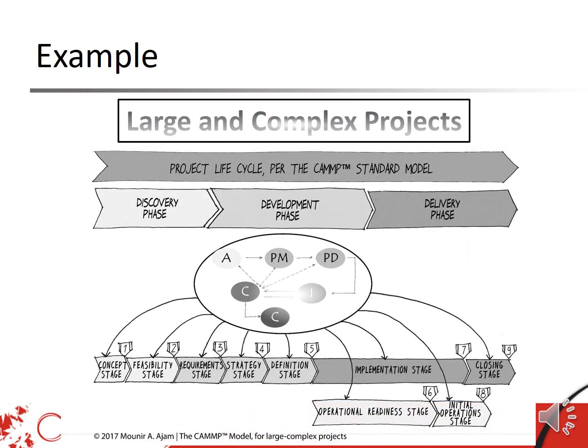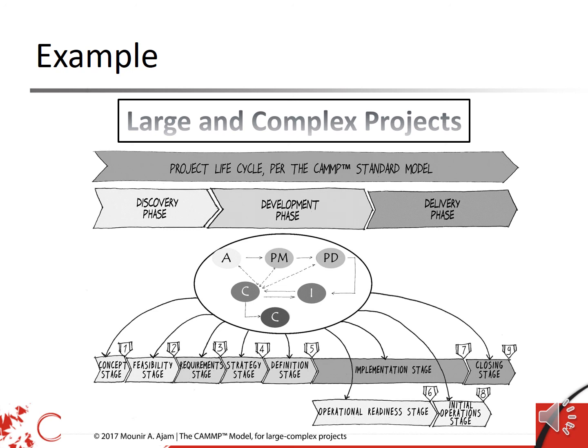Large and complex projects get a little bit more complicated. Or maybe I shouldn't use the word complicated, because I still believe it's a simplified model, but at least more detailed, more comprehensive, more robust, if you wish. In this case, the 6 processes and their 64 sub-processes or steps are typically applied at each stage of the project. Now, of course, that doesn't have to be set in stone.